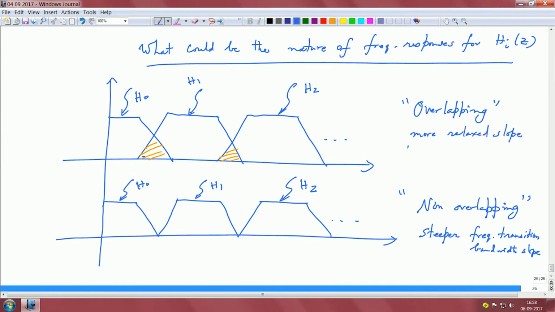Which means it is easy to design filters, but aliasing is an issue.